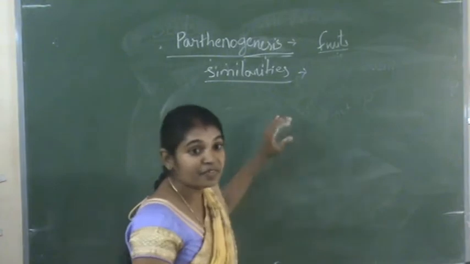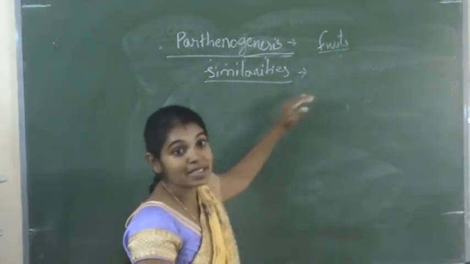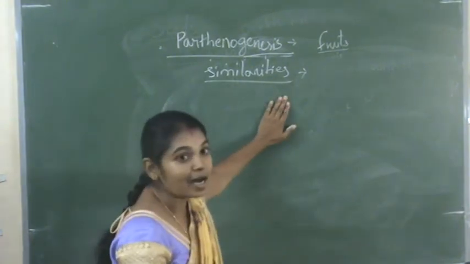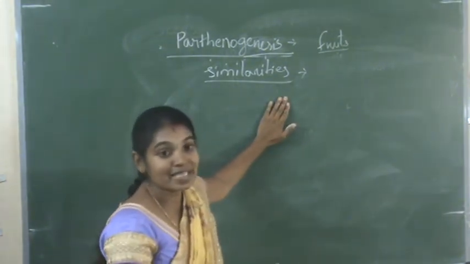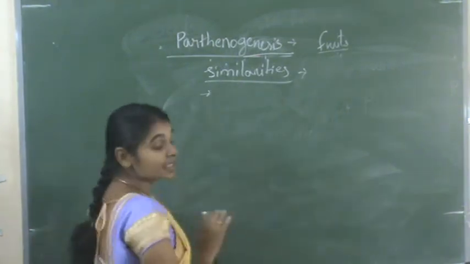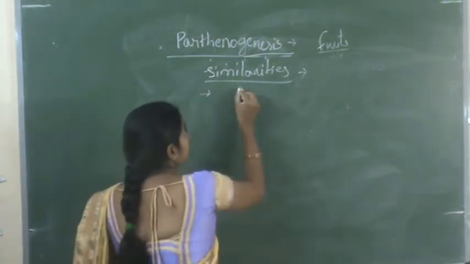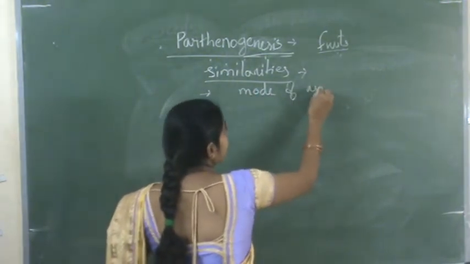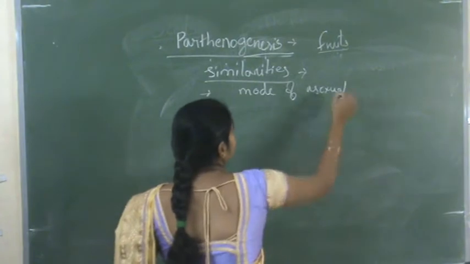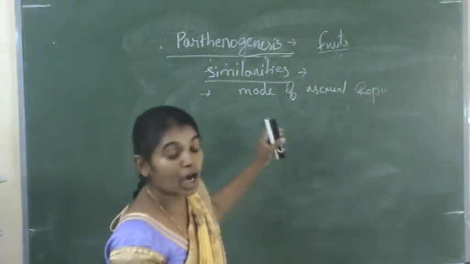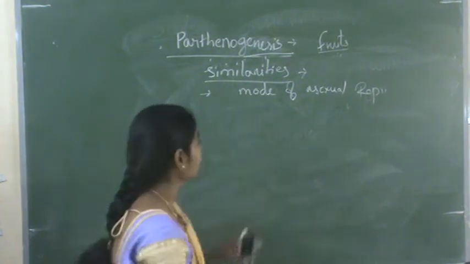Similarities between apomixis and parthenocarpy. Both are modes of asexual reproduction or vegetative propagation.